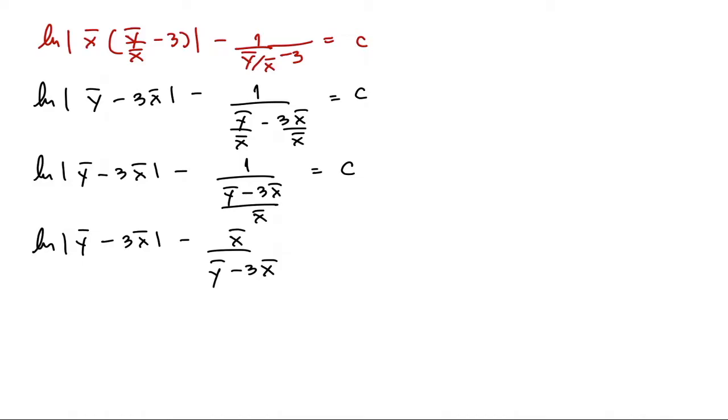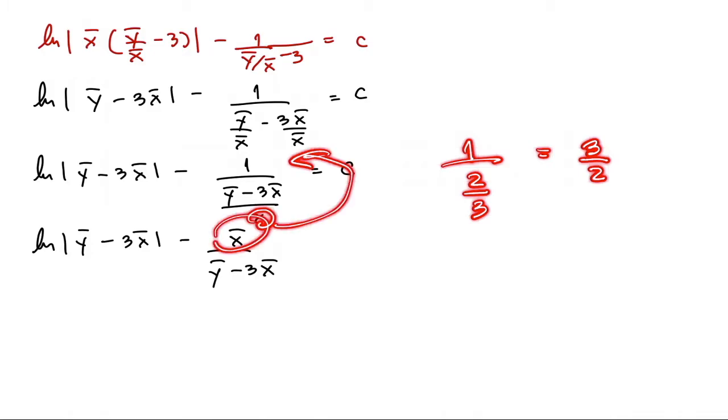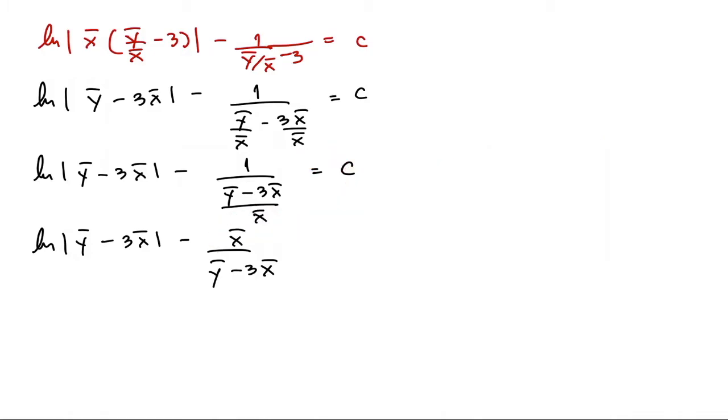You know this, right? If you have 1 divided by 2 divided by 3, it's actually 3 divided by 2. Okay, you can put this up there. Make sense? Equals c.